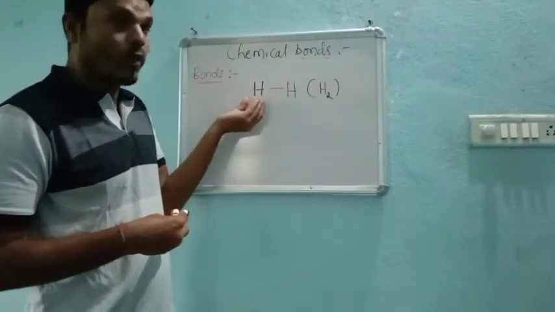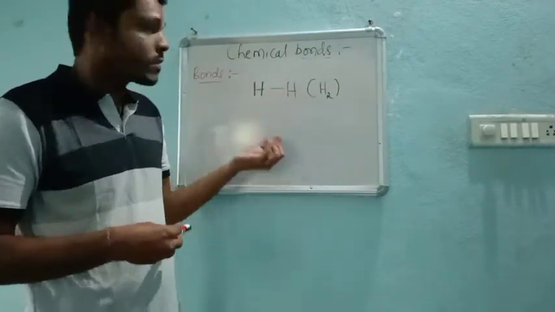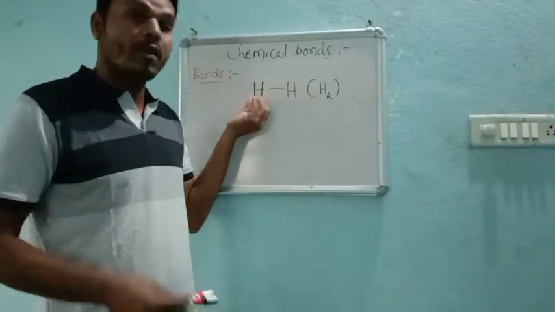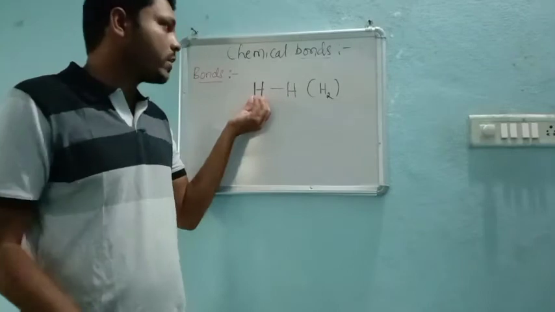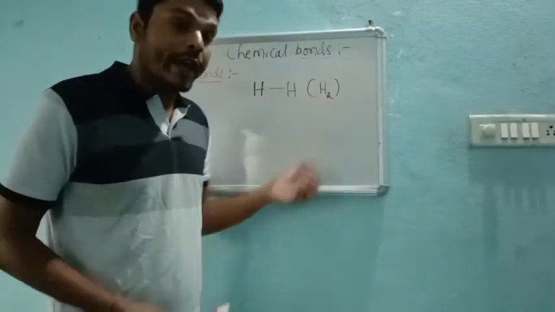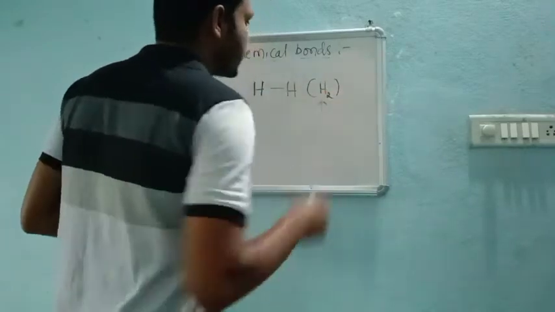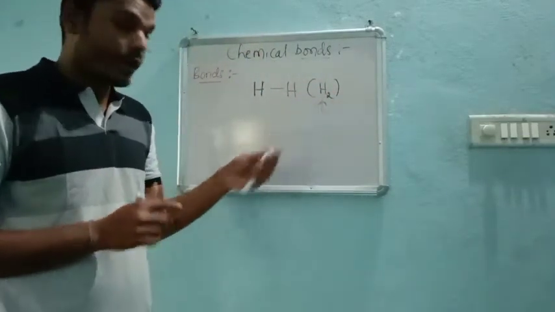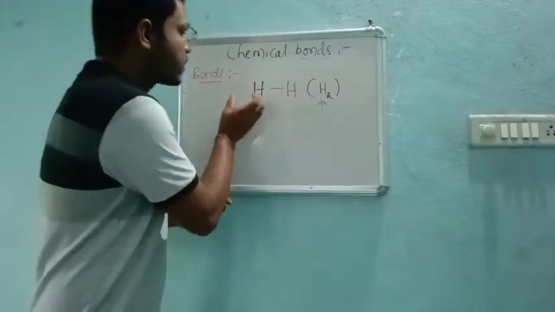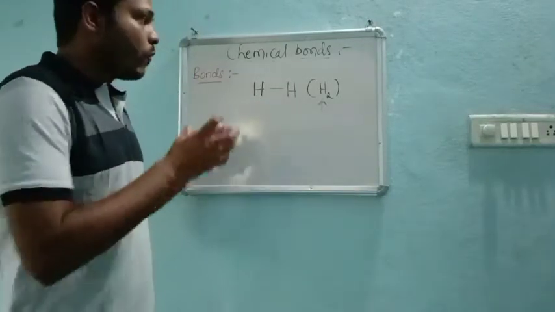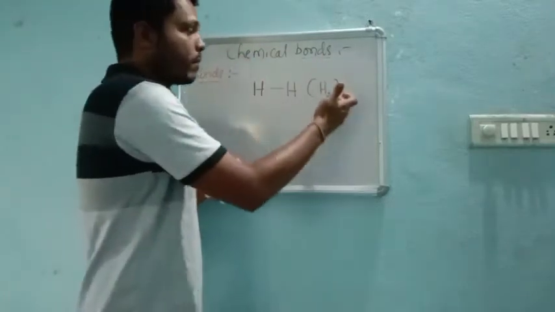That means this bond holds the two atoms or elements or ions to form a molecule like H2. Right? Now here we can see there is a H2 molecule. So that means this bond holds two elements together to form a molecule.